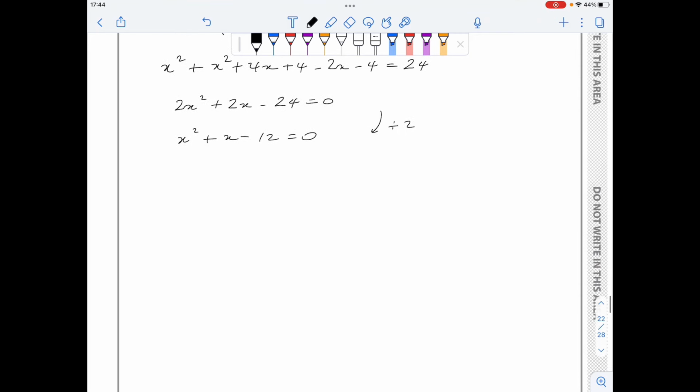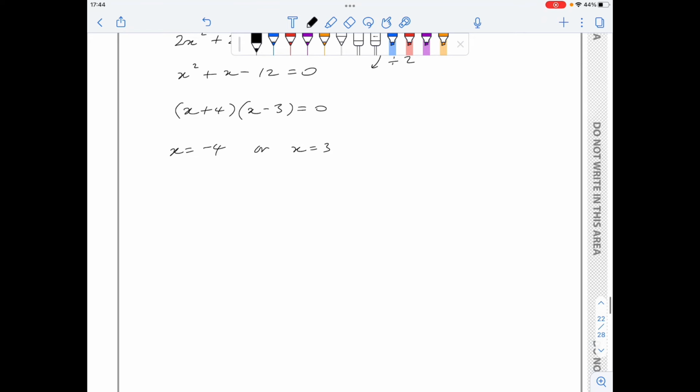I will need to factorize: (x plus 4)(x minus 3) is equal to 0. Now you can solve this not just by factorization, but by using any other method like completing the square or the quadratic formula. Now this gives me x equals minus 4 or x equals 3.